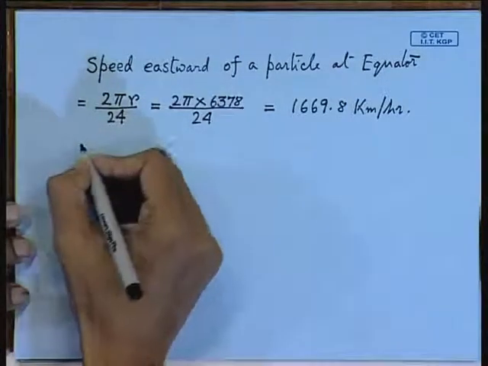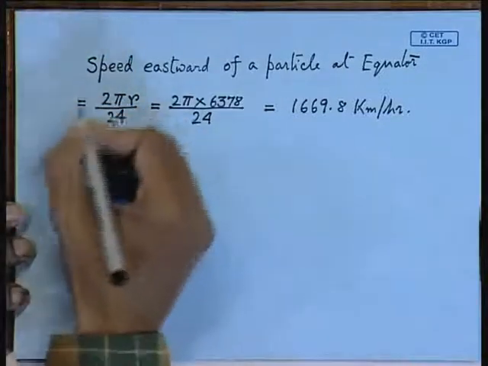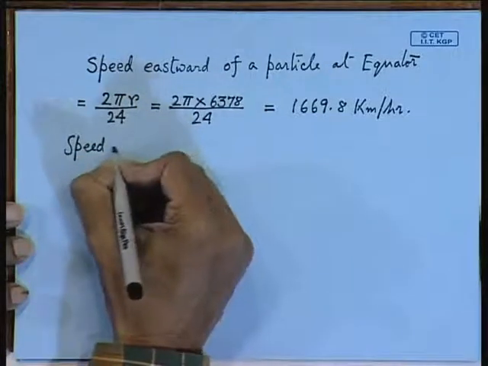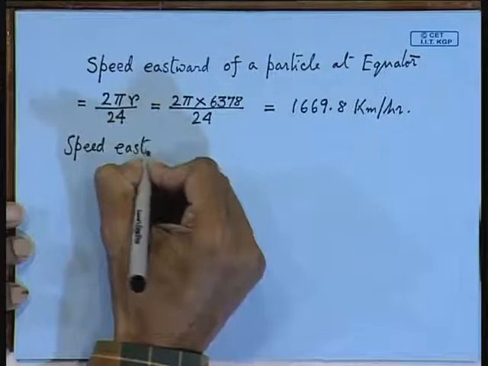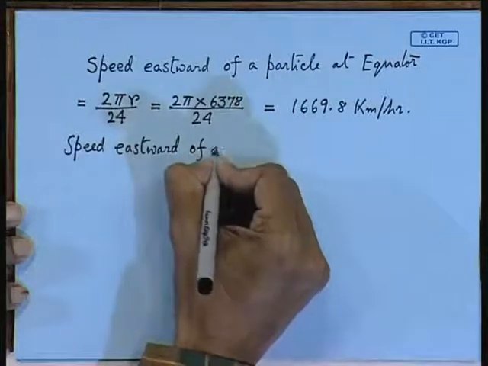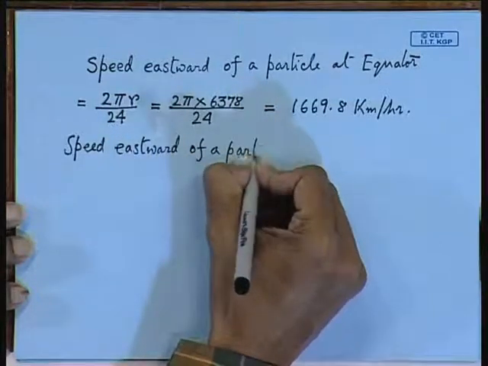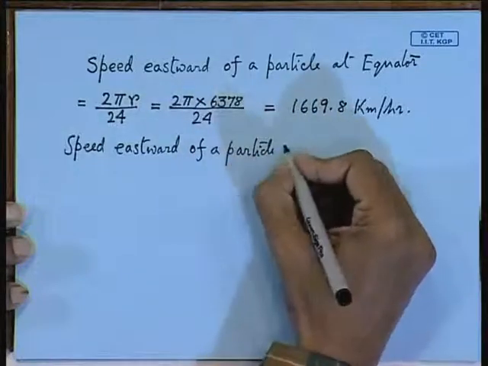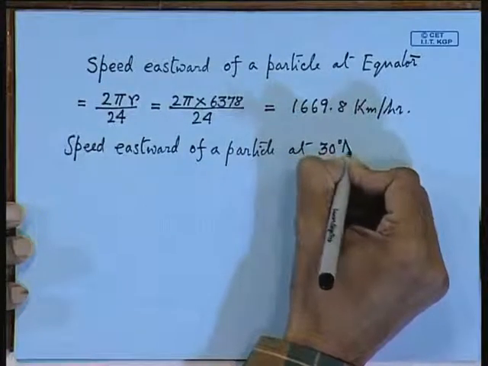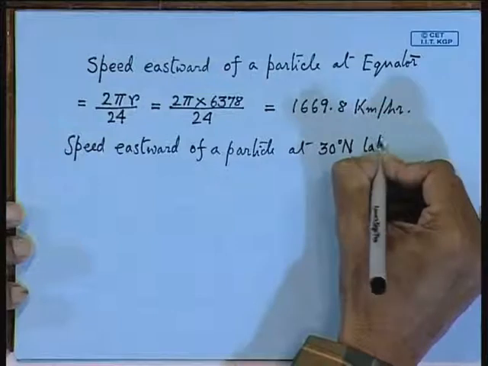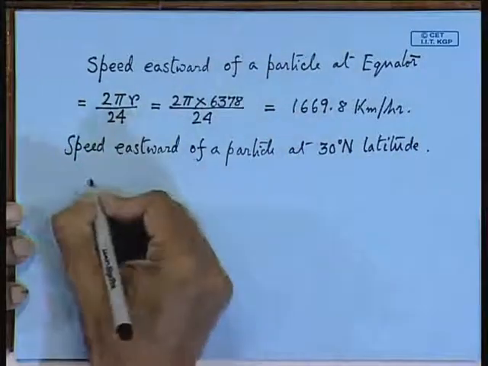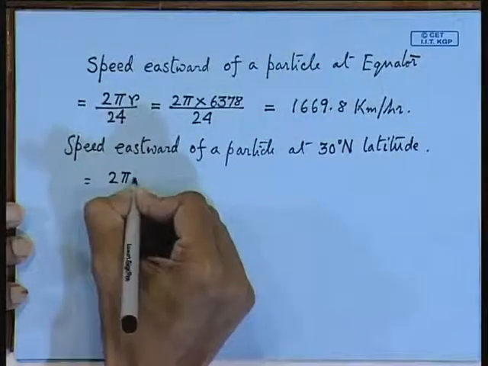Now, what is the speed? To find out first, speed eastward of a particle at 30 degrees latitude, or rather you write at 30 degrees north latitude. So, this is 2 pi multiplied by r cos theta.